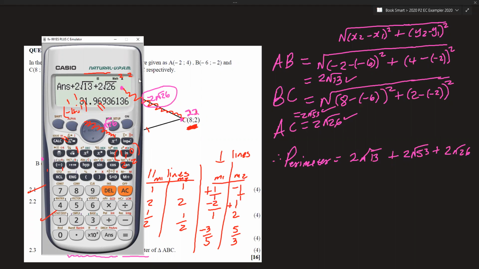They said 2 decimal places, which gives me 31.97. Remember, you look at the third one, right? So I can see it's going to change this 96 to 97 because it's above 5. It's above 4, basically. And then that's finito with this question.